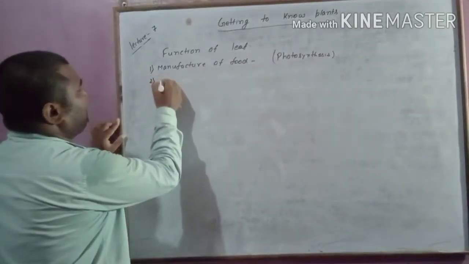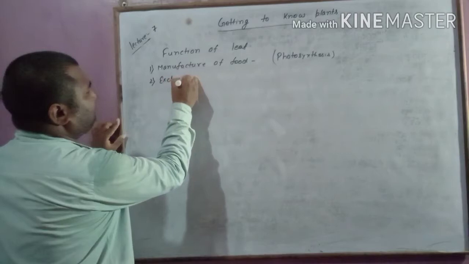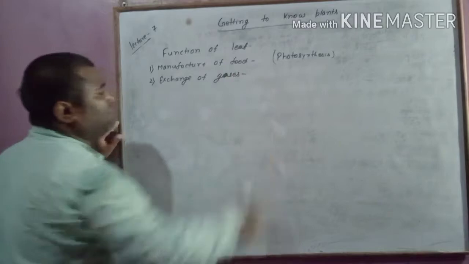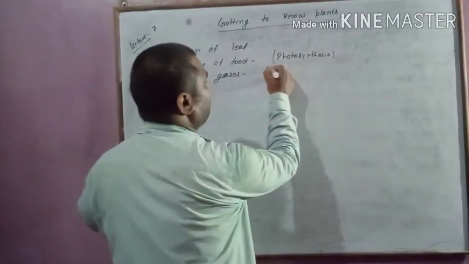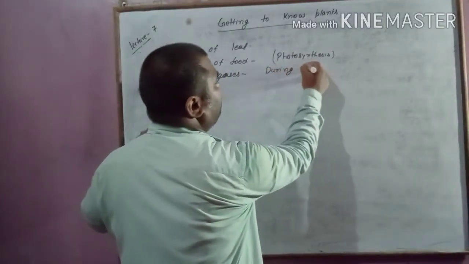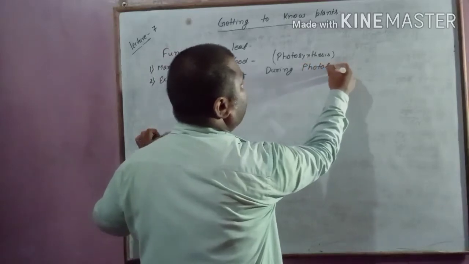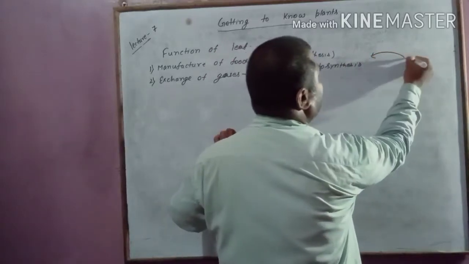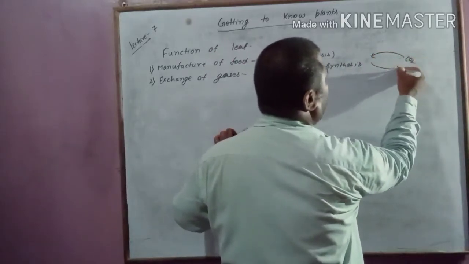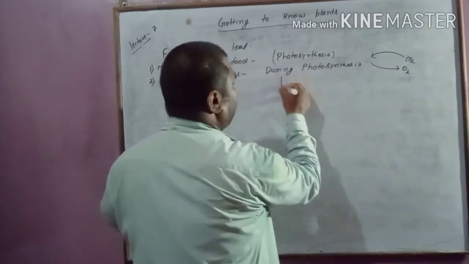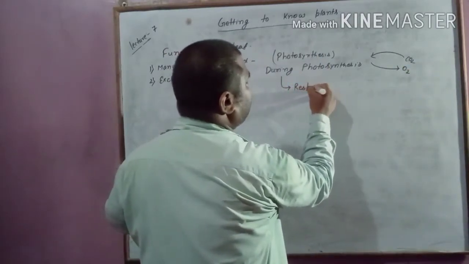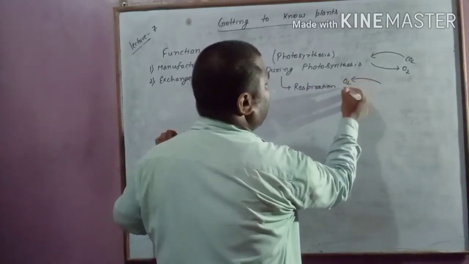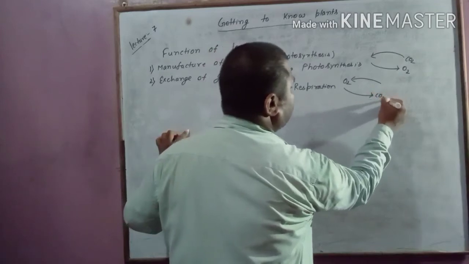Next, exchange of gases. Exchange of gases during photosynthesis. During photosynthesis, plants take CO2 and give out oxygen, and during respiration plants take oxygen and give out carbon dioxide.